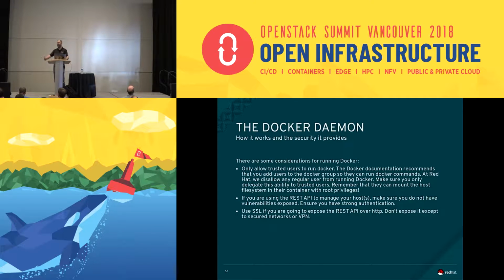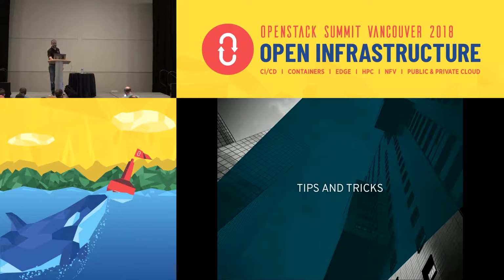That's why we have higher level abstractions like OpenShift and other products to provide an interface that gives you the security and such around that. Obviously, if you're using the REST API, don't put it on the internet. Keep things patched. Common sense stuff there. Use TLS.